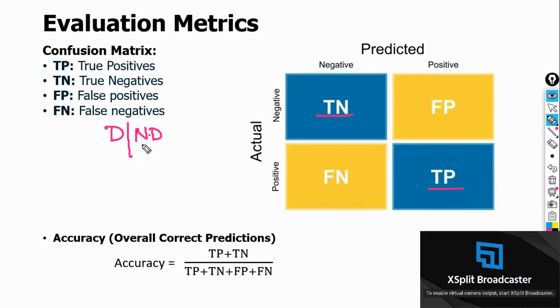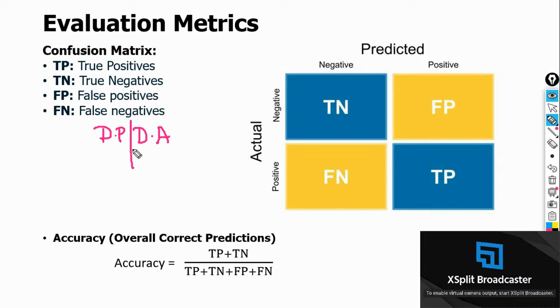So these are the two classes that you have under the Y column. Disease present, disease absent. Two classes.